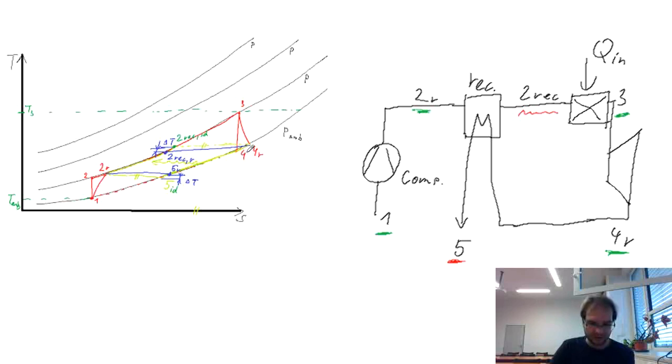Now, in the TS diagram, we have shown that the temperature is determined by some minimum temperature difference, delta T min. So the temperature at the point 2 REC will be the temperature at the point 4, or 4R for the real case, minus this minimum temperature difference.